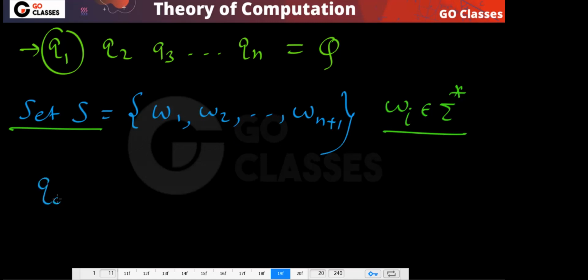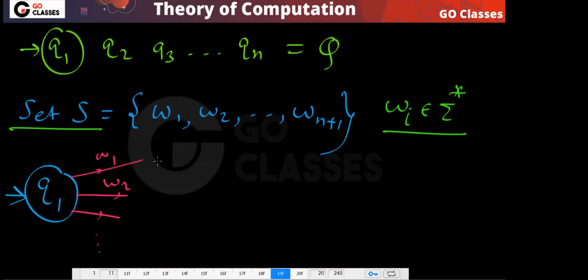The DFA will definitely start in the initial state. Now on W1, on W2, it can go to different states, but how many states do we need? If we go to different states on every string, then how many states do we need?